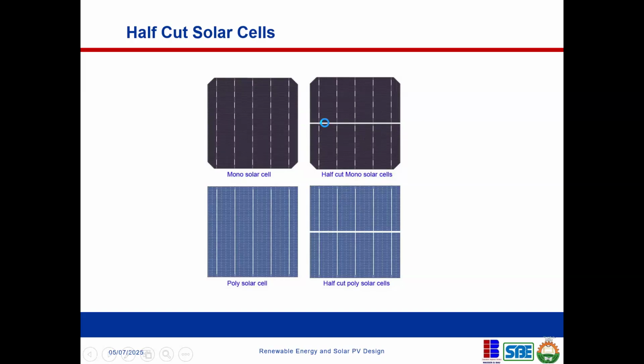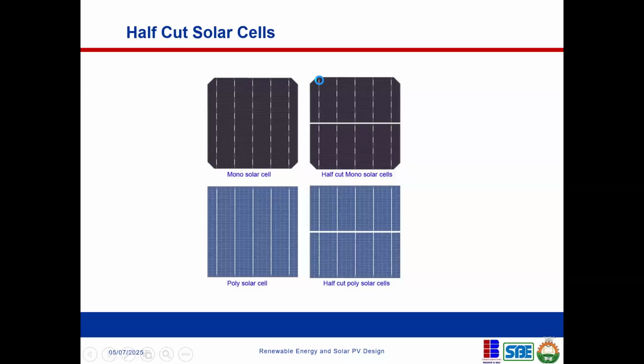It's cut into two. And part of the reason is because, remember that as current travels through the cable, like in the conventional electricity system, there is a voltage drop as it moves, and apart from the voltage drop, the losses also increase, right? So the reason behind this half cut is to reduce those losses.